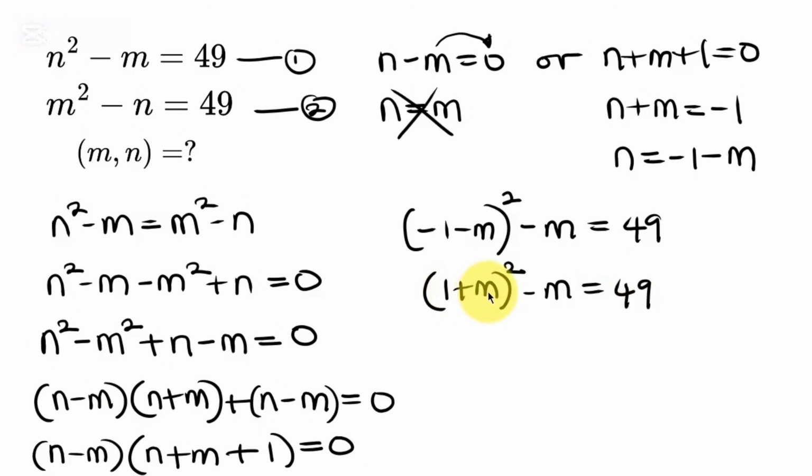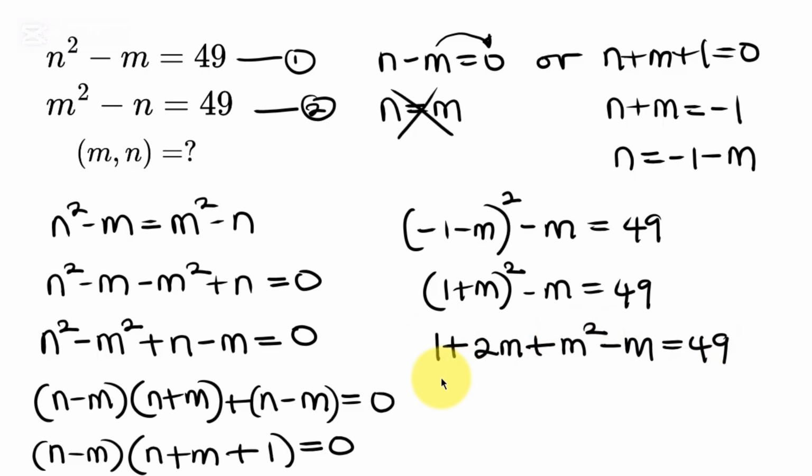Now let's square this expression. So 1 squared is 1, plus 2 times 1 times m is 2m, and then plus m squared, minus m, and this is equal to 49. Now let's rearrange this equation.